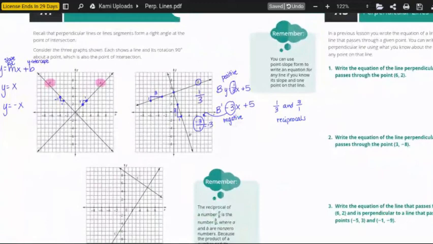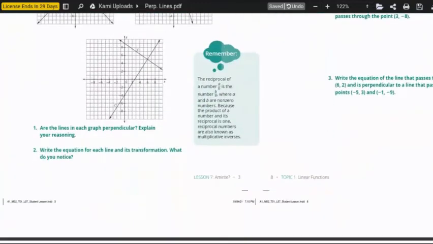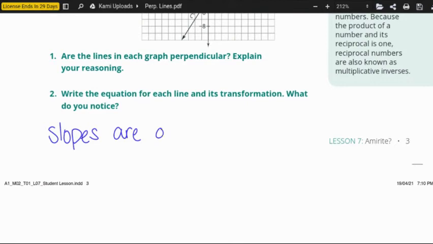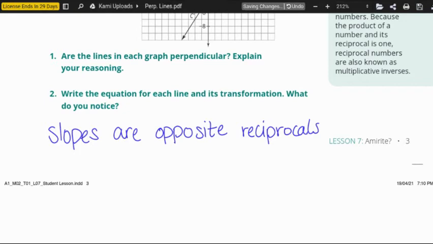I'm skipping ahead just a little bit to the bottom of the page, and I'm going to address underneath number 2. The slopes are opposite reciprocals. Anytime that you have a set of perpendicular lines, their slopes will always be opposite reciprocals of each other.